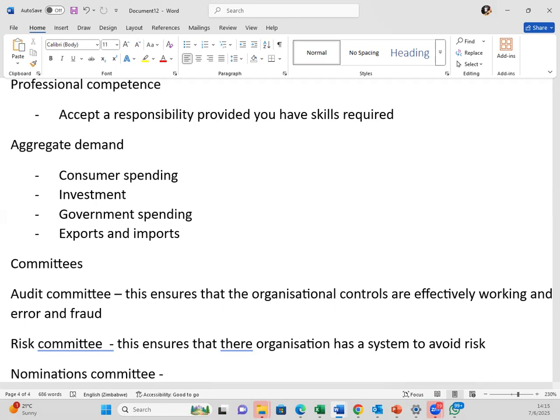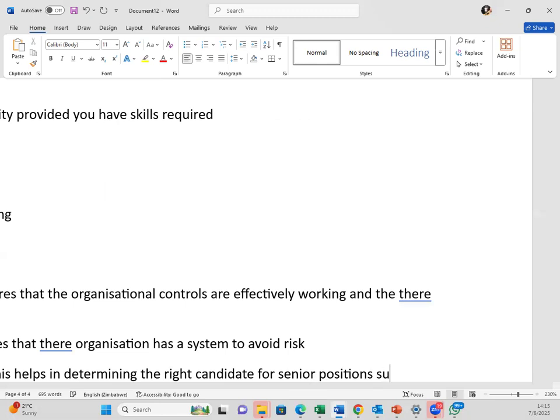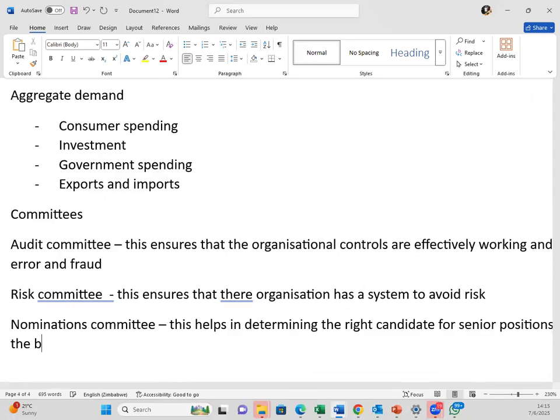So this helps in determining the right candidate for senior positions, such as the board. So who qualifies to be part of the board of directors? The nominations committee can assist with that.